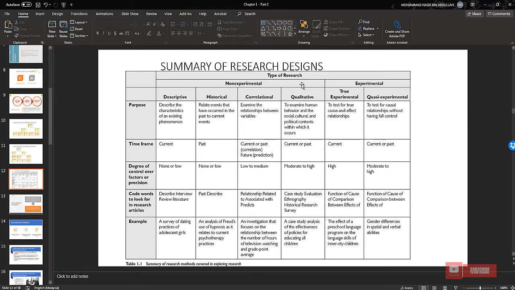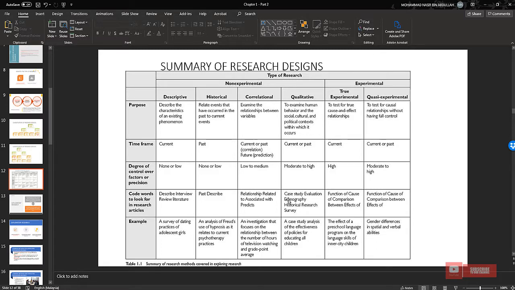Another type of non-experimental research is qualitative research. The purpose of qualitative research is to examine human behavior and the social, cultural, and political context within which it occurs. So the time frame may be current or past. So the degree of control of the factor may be moderate to high, right?